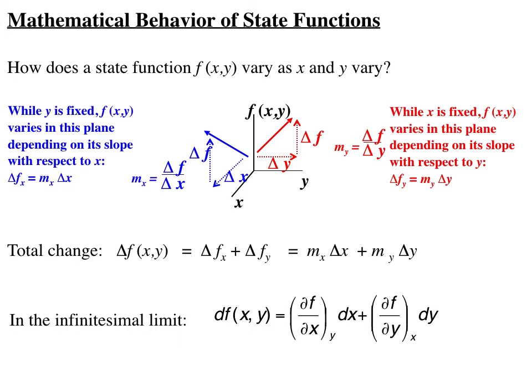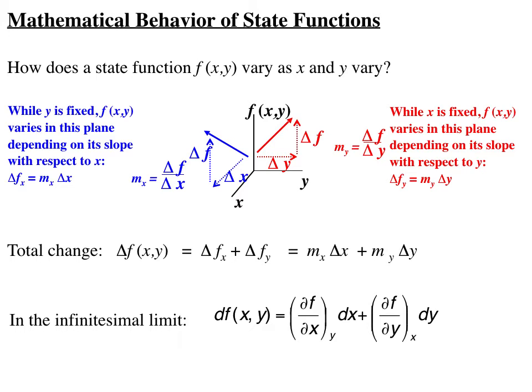If I want to know how f changes with respect to changes in y, I will go to the f-y plane of my graph. I will hold x fixed. I won't let any variation occur in the x direction.